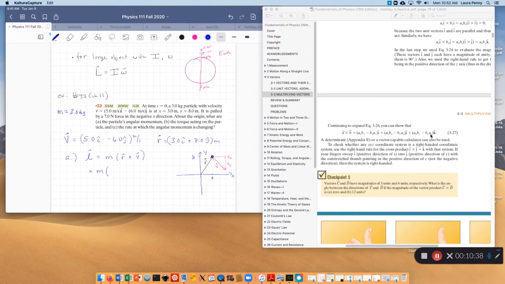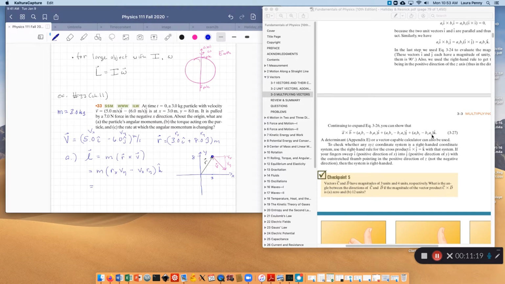So I can write this out, this is vx and vy and rx and ry, and r is our a. So I should do rx times vy, and then I should subtract vx and ry, and that will be in the k direction, right? Ax is rx, by is vy, bx is vx, and ay is ry.